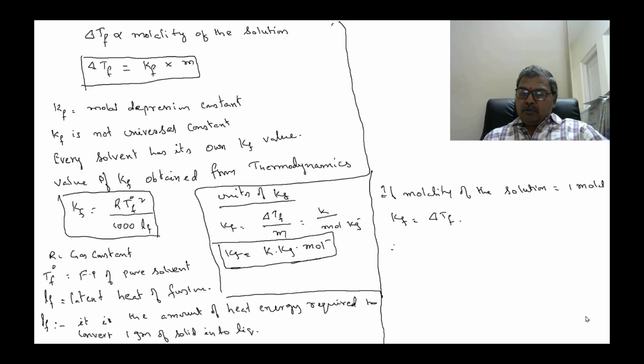So therefore, Kf is the depression in freezing point caused by a 1 molal solution. This is the definition for Kf, right?